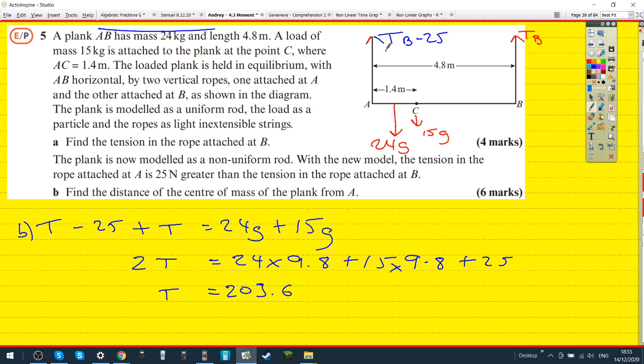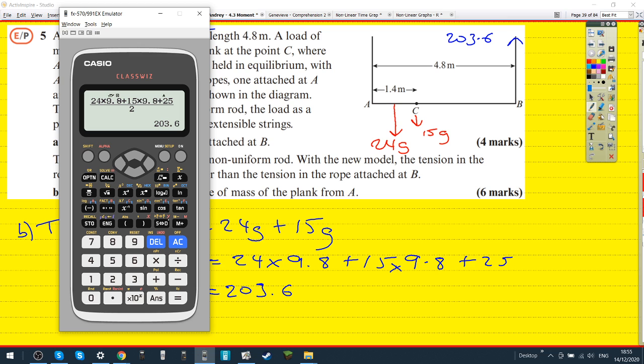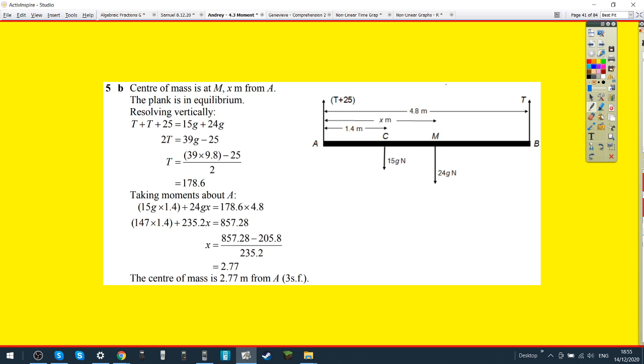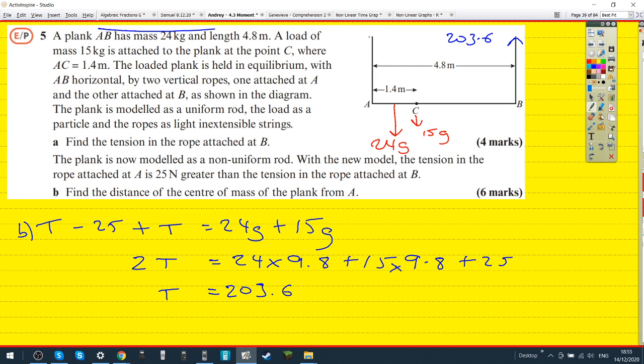We did tension in B. They did tension in A, and they just added 25 to get B. So that's 203.6. And then that answer, subtract 25, gives you 178.6. Yeah. So they did A, we did B.